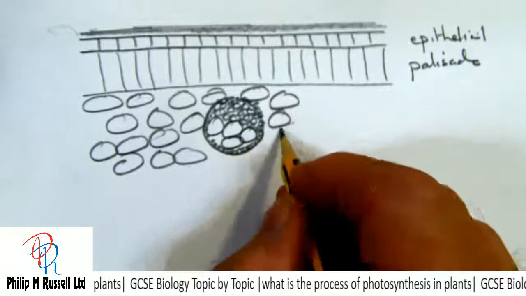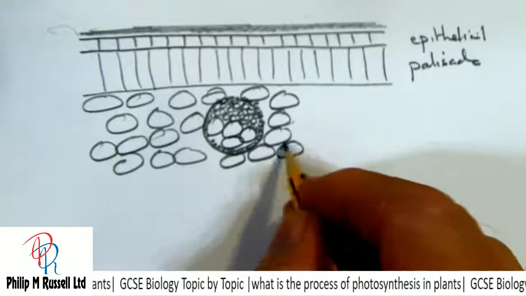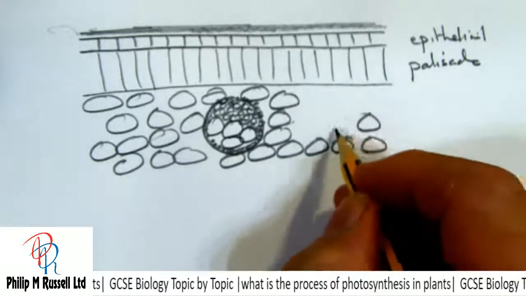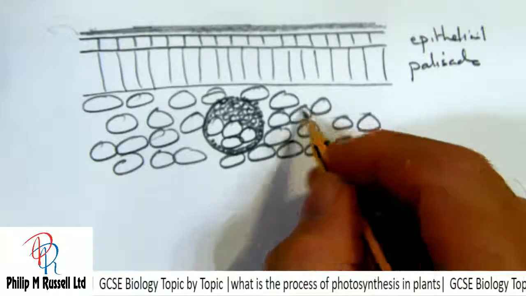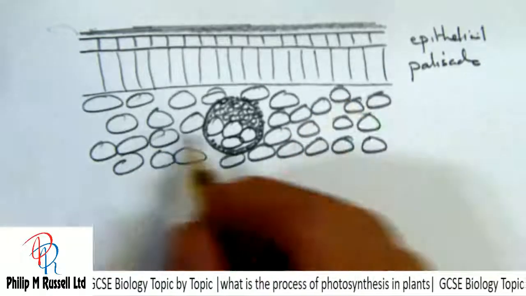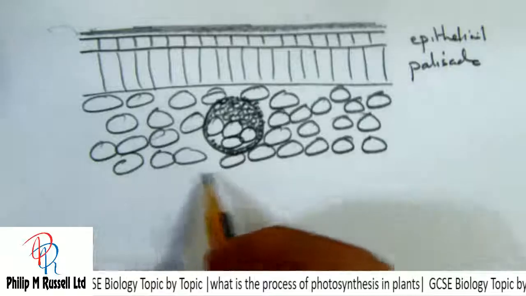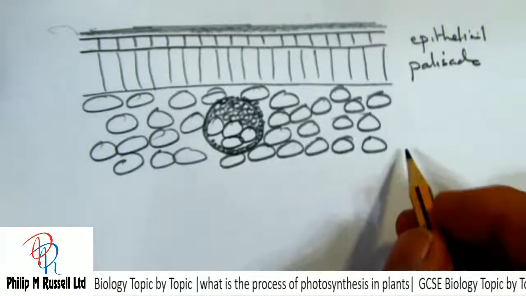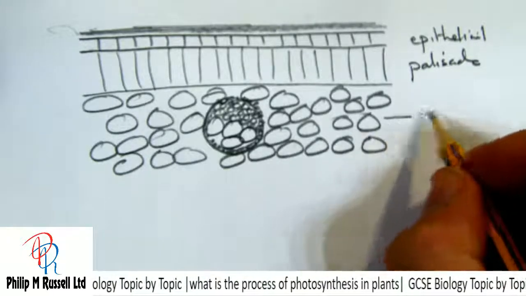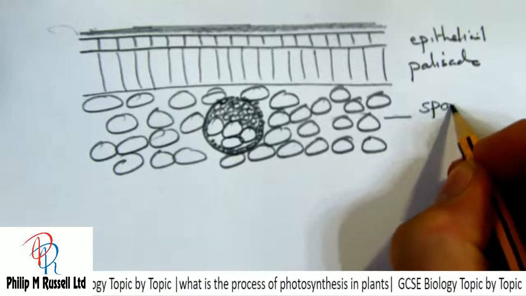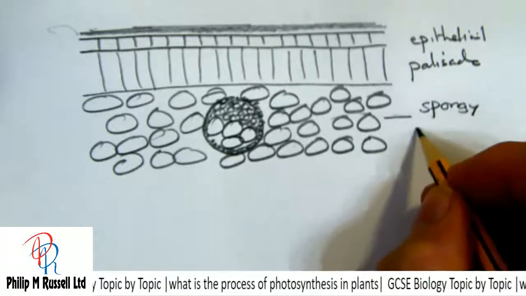And then we continue with these cells across, and deliberately you can see there are spaces here. The spaces here simply are part of this spongy mesophyll.